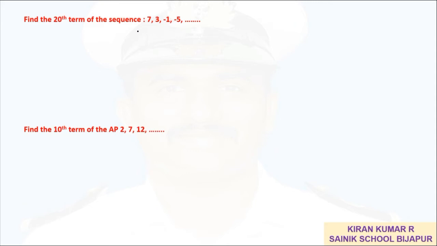To find the common difference, I should subtract the first term from the second term. We get it as 3 minus 7, nothing but minus 4. If you take the third term and the second term, still the difference would remain the same. Let me call this as D. D refers to common difference.